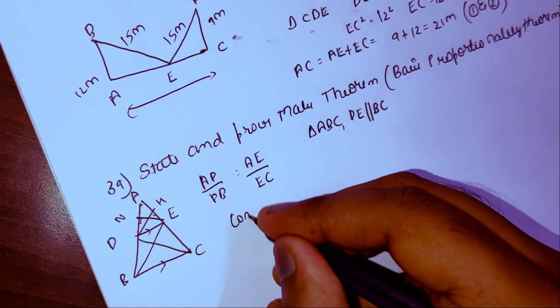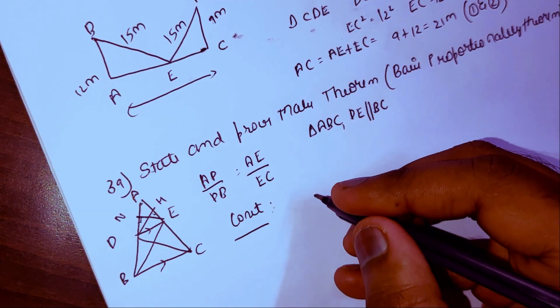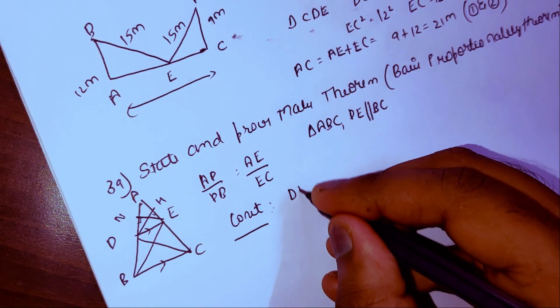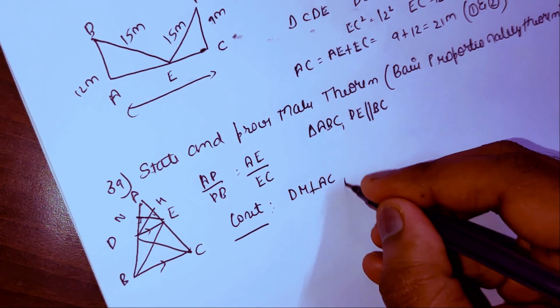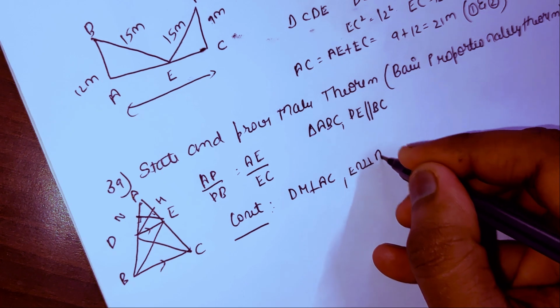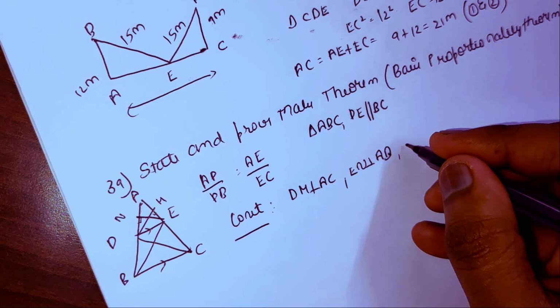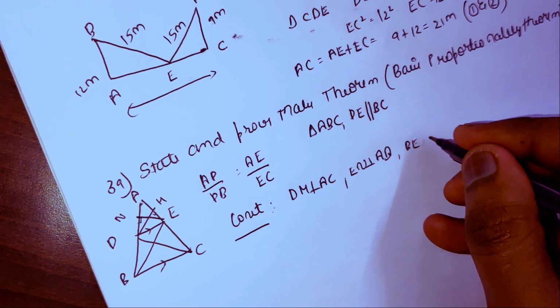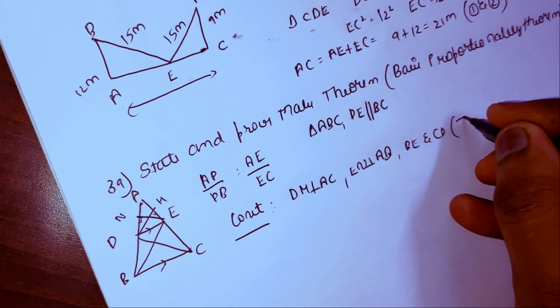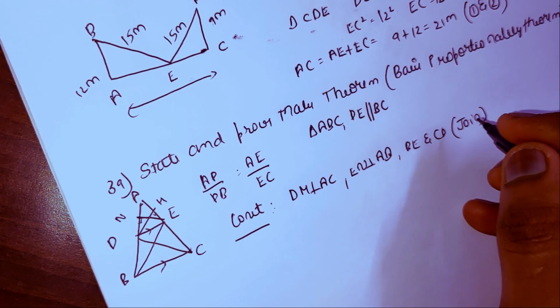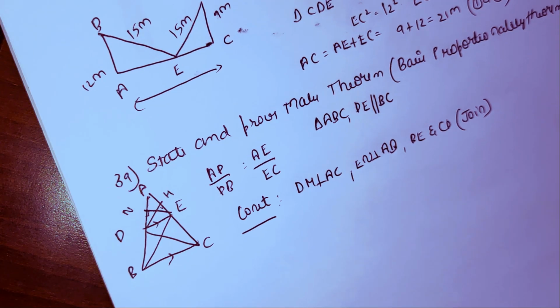We have to write the constructions. We have drawn DM perpendicular to AC and EN perpendicular to AB. Join BE and join DC. Now I start with the proof.